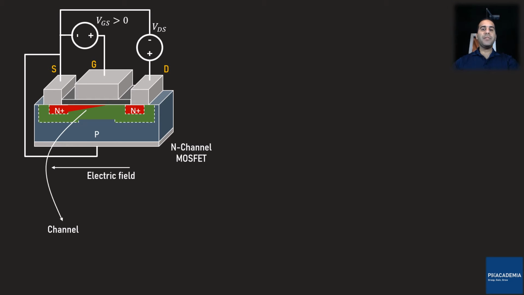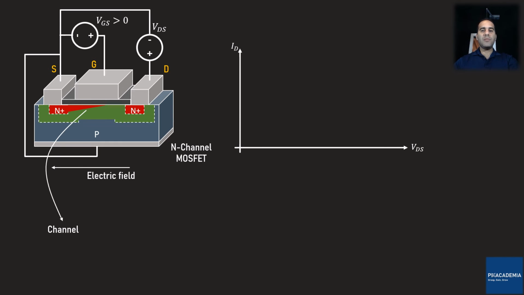So this was a brief description of what is happening in a MOSFET. To get a better insight into the electrical properties of this MOSFET, let's take a closer look at the I-V diagram. The x-axis is the drain to source voltage, the y-axis is the drain current. If VG is 0, there is no depletion region and therefore no channel under the gate.